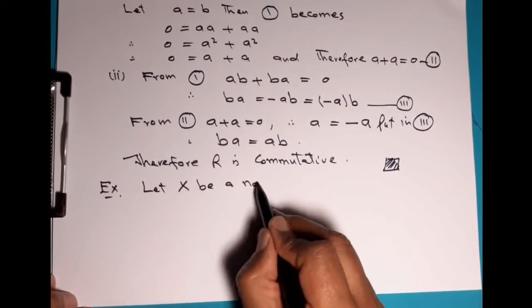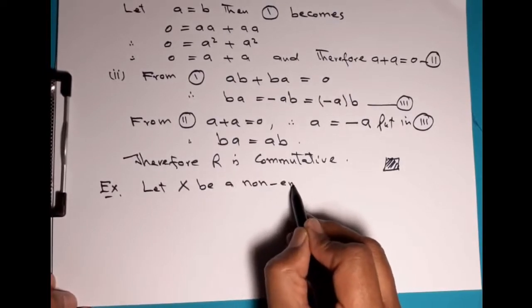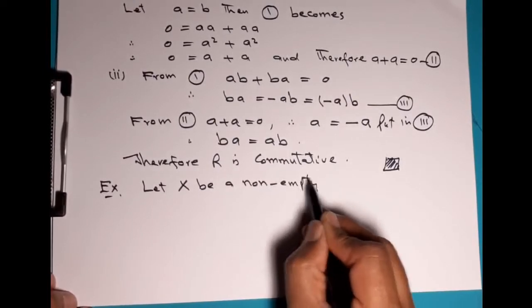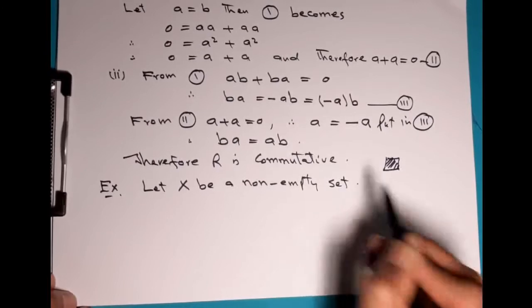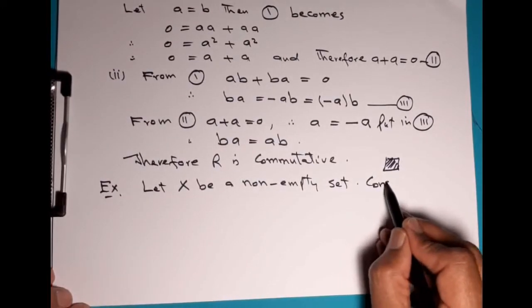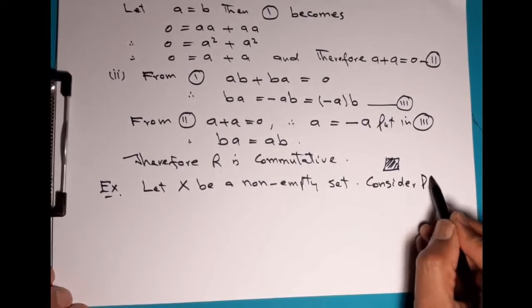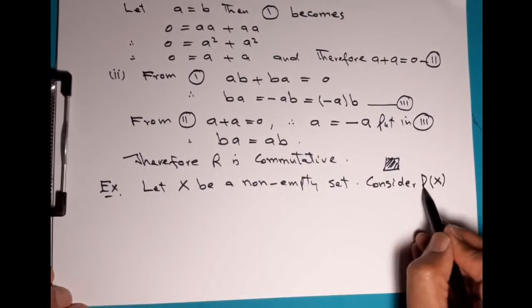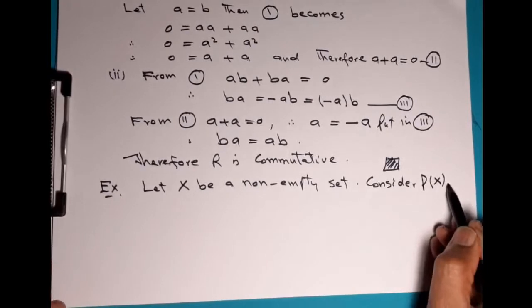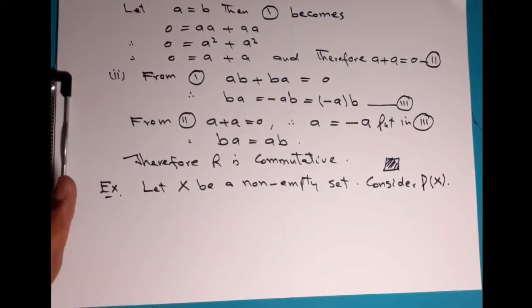Consider the power set of X. You know what the power set of X is? The power set of X means the set of all subsets of X, which contains X as well, which contains the empty set and all the subsets of X. So consider the power set of X.